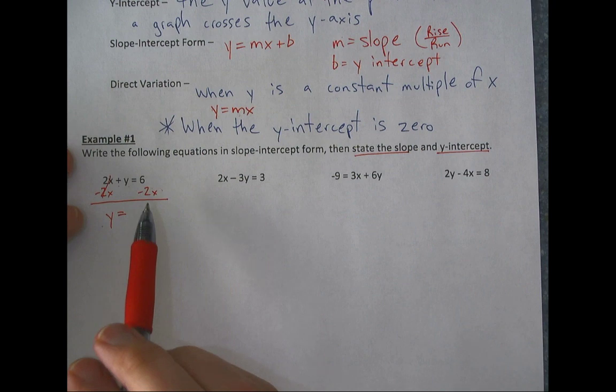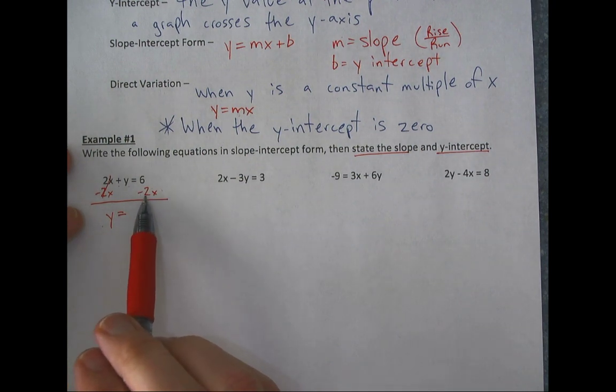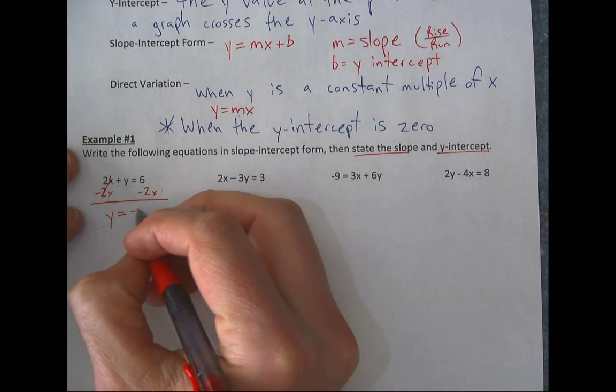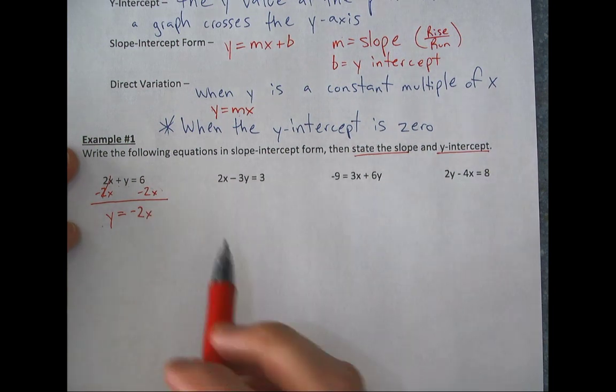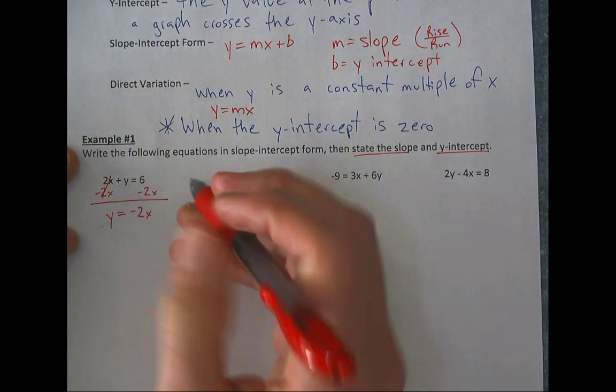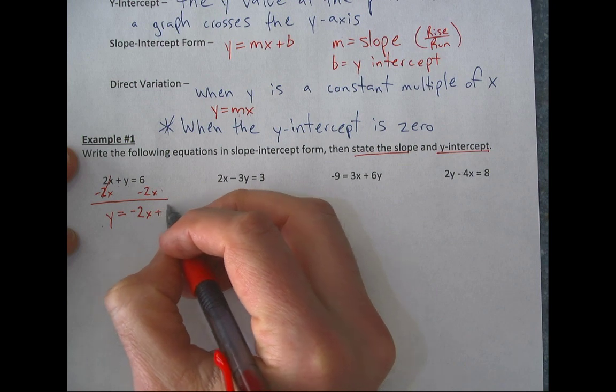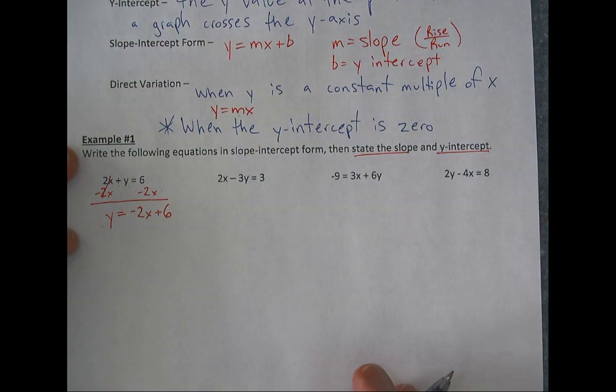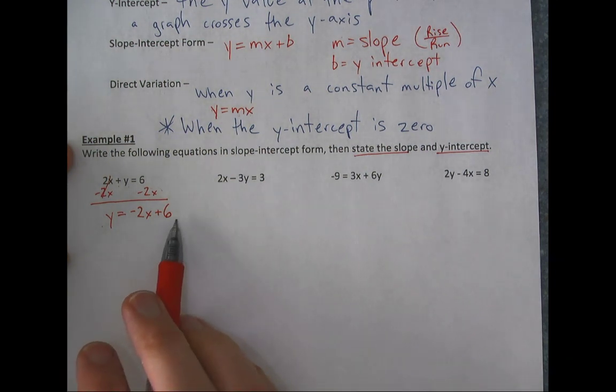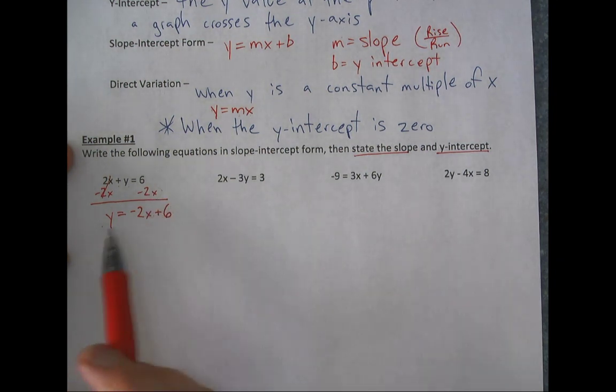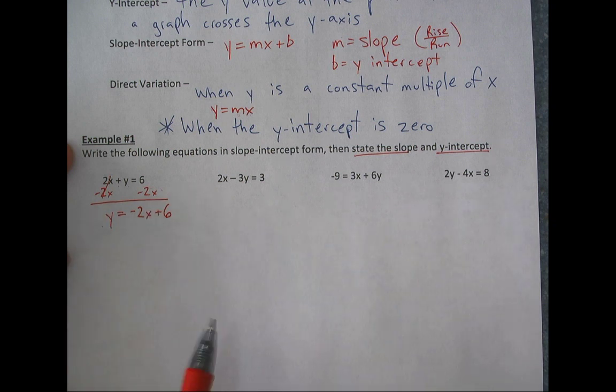So that's what I'd like you to try and do. So since this is a minus 2x, we can think of it as a negative 2x when we put it up front. And since we still have this positive 6, we know positive is always represented as a plus in these types of equations. Okay, so I'd like you to try and put it in that standard form instead of writing 6 minus 2x. They are equivalent, but let's try and get it like this.